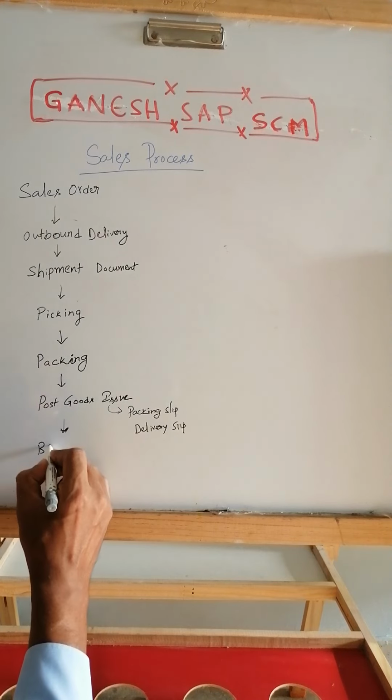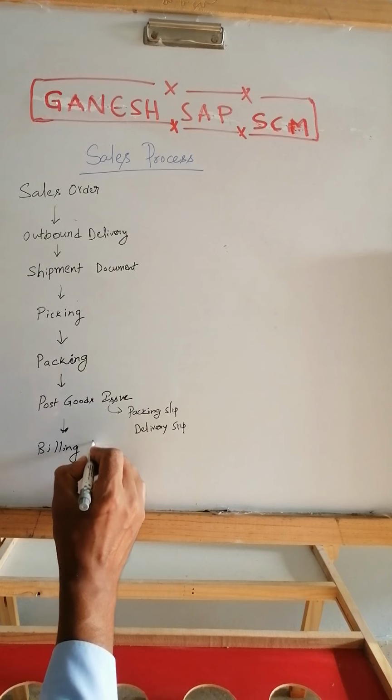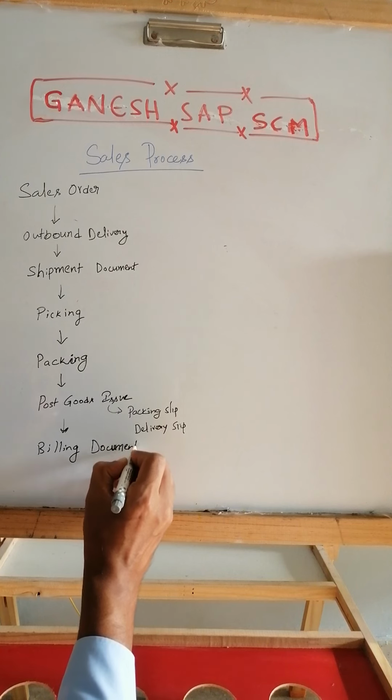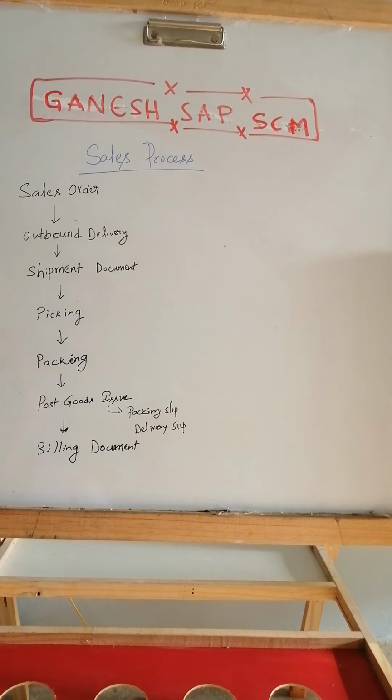Then the billing document. The billing document will be created and sent to the customer along with the goods. If they are using any EDI functionality, via an EDI output type, they can send it to the customer. Otherwise, a printout will be given to the driver, and it will be sent to the customer. Here we need to understand the use of the shipment document.